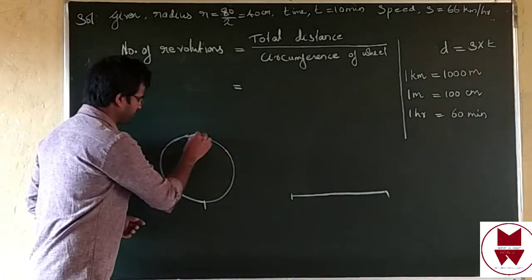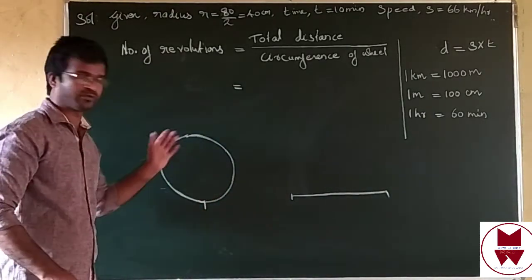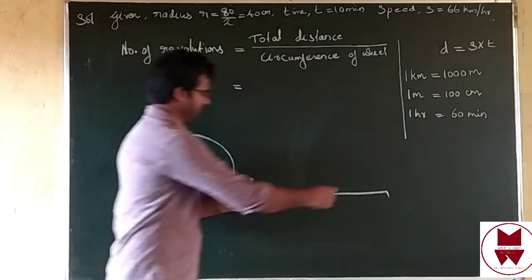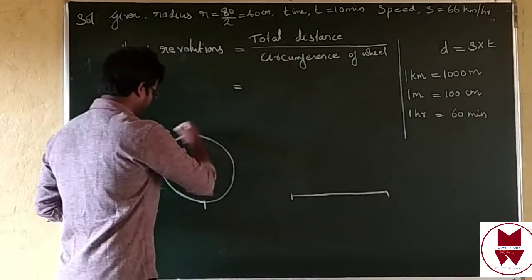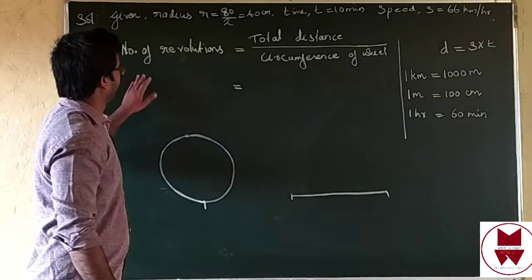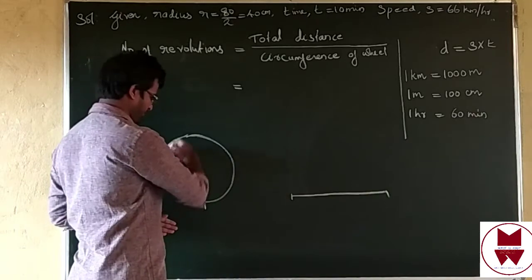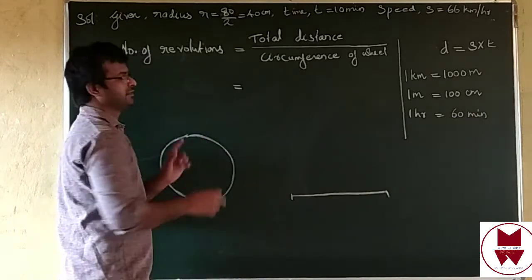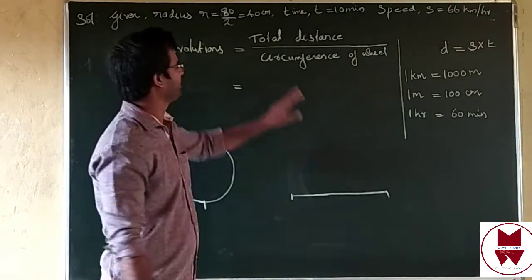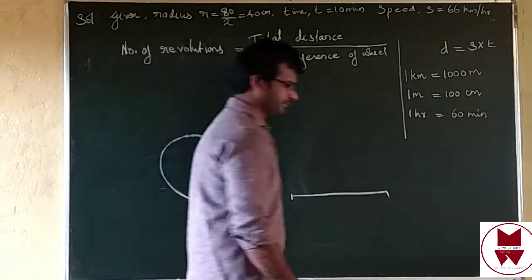What is this outside part? That is known as the circumference of the circle or circumference of that wheel, isn't it? That means this distance and the circumference of the wheel will be equal. Then one revolution means we travel this much distance, one circumference. That's why we are using the circumference of the wheel here.